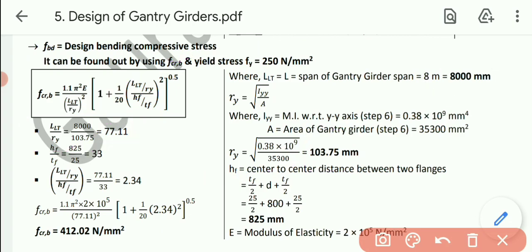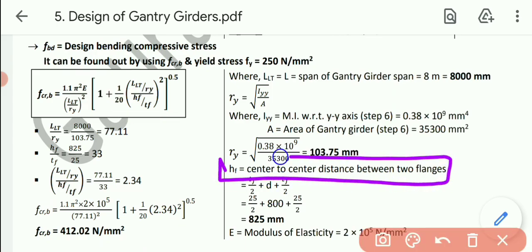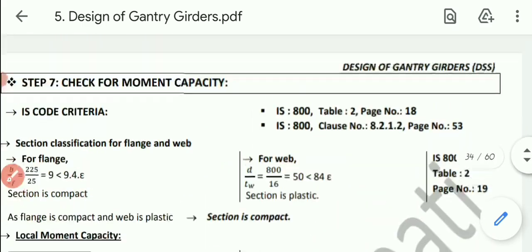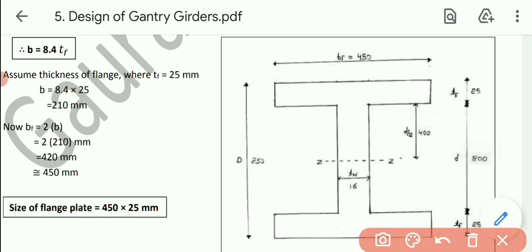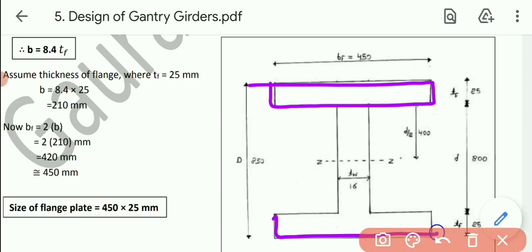Now the next unknown is HF by TF. HF is nothing but the center to center distance between the two flanges. So let's go back to the figure. As HF is center to center, these are our two flanges, and we need the distance center to center from here to here.